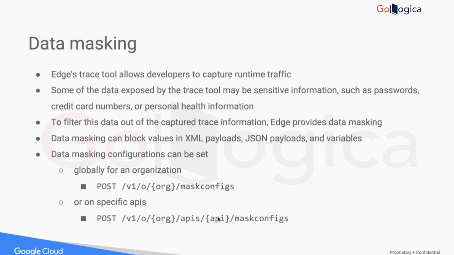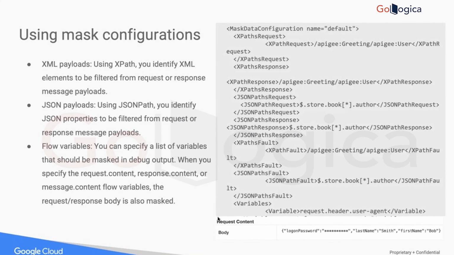There are management APIs available, you can utilize those. This is a simple request when you want to make a call to the mask config management API. Certain things you can specify. As I mentioned, you can do it for XML, so there is XPath. You can specify XPath for the request and response, and JSON path for the request and the response.